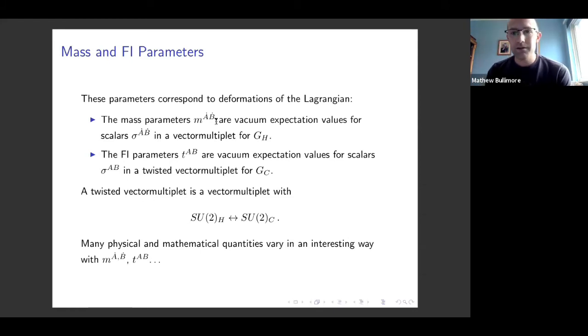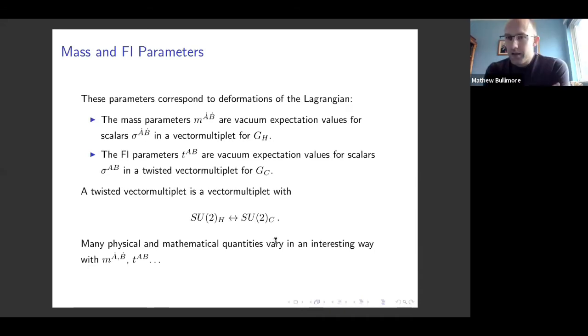In particular, the mass parameters, you may recall last time, have the same index structure as the scalars in the vector multiplet. And indeed, you get them by adding in a non-dynamical vector multiplet for the Higgs branch flavor symmetry, and then turning on an expectation value. You can do the same thing for the FI parameters, except you need to use a twisted vector multiplet, which is basically like a vector multiplet, but you exchange the role of SU2 Higgs and SU2 Coulomb.